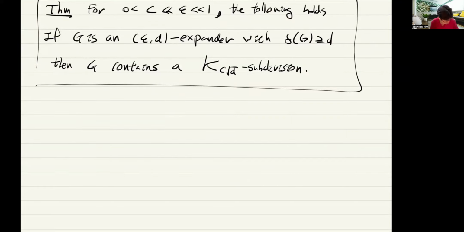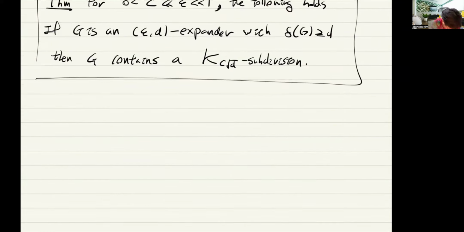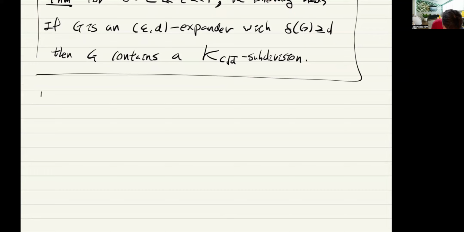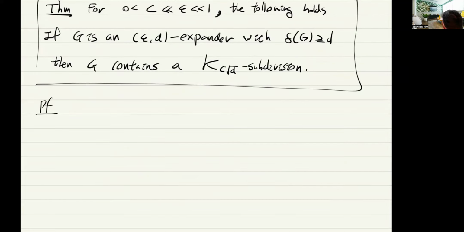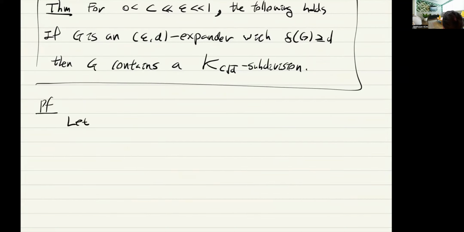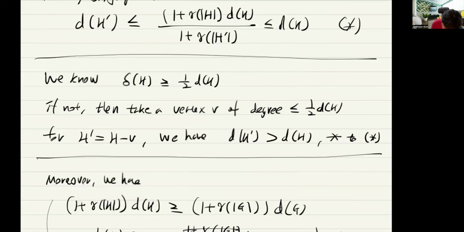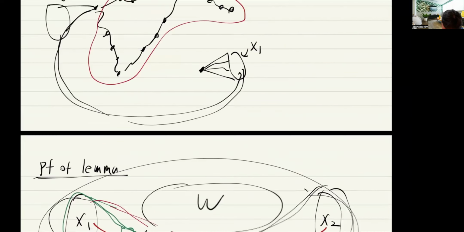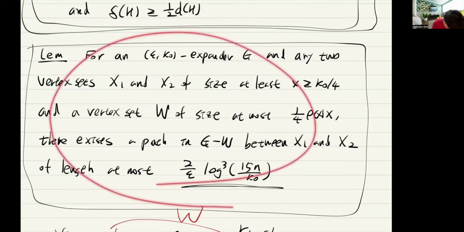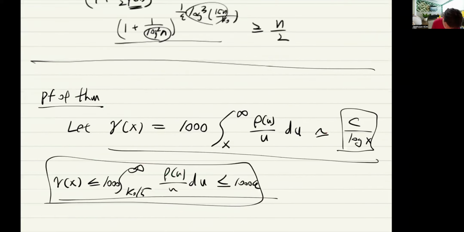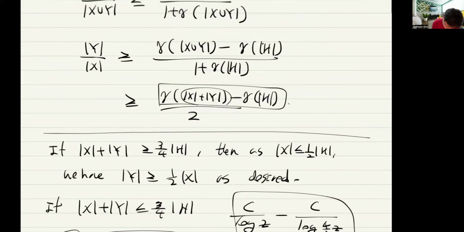And we want to prove this. And we will consider 3 cases. And before that, let M be this number, which is roughly the length of the path that we get from applying the previous lemma, which connects the two sets.